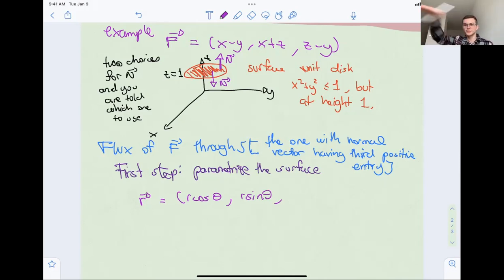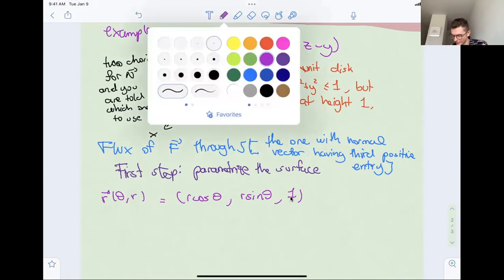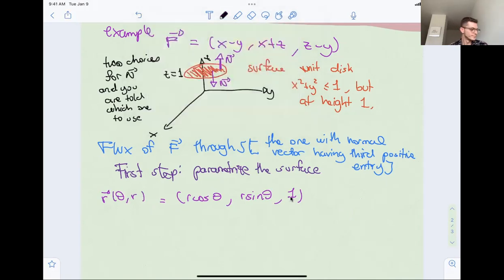Just one, exactly. The disk is at constant height, so you have fixed z to be 1. The only difference of this parametrization versus the parametrization of the disk on the XY plane is that here I'm putting 1 instead of 0. So this is a parametrization in terms of theta and r. So far, so good.